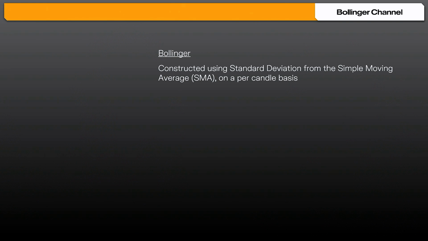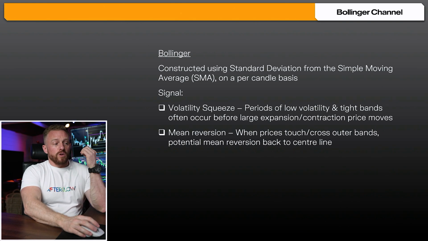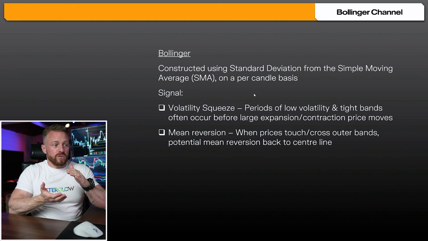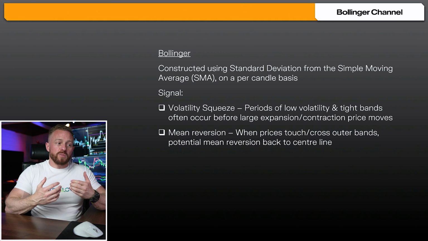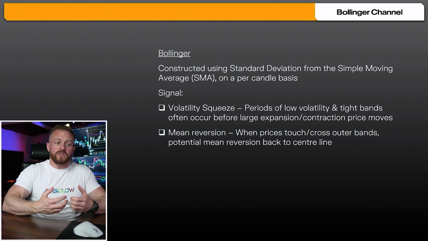So due to the way the Bollinger Bands logic is constructed, we can use this information to look for volatility squeezes. And this is when we see a period of low volatility with tight Bollinger Bands, which often occurs before large expansions or contractions in the price action.